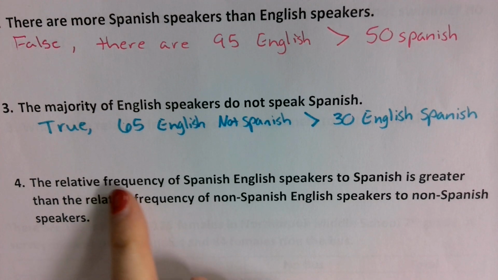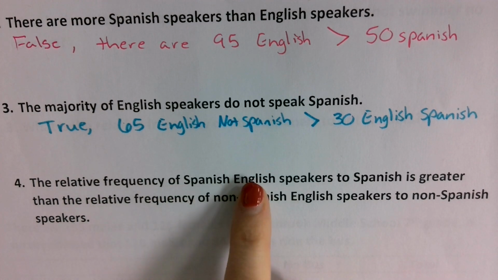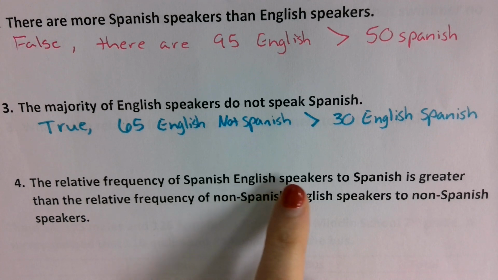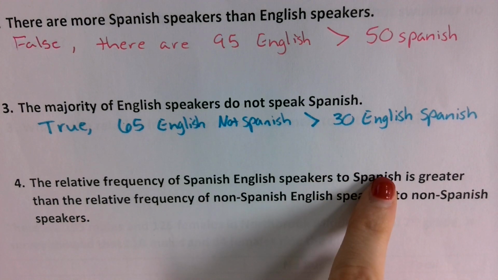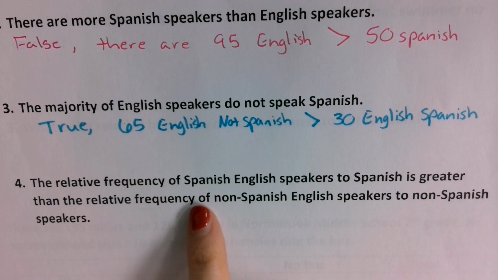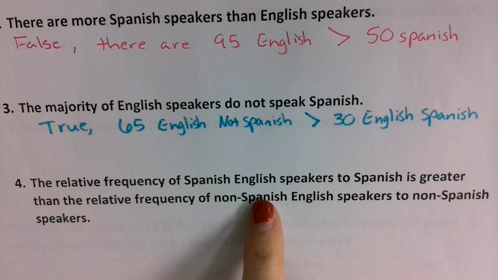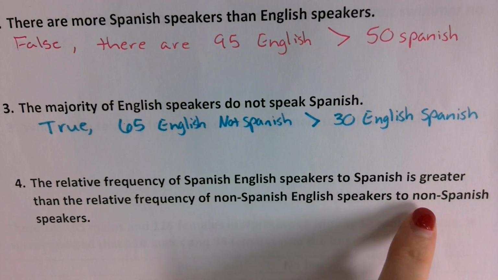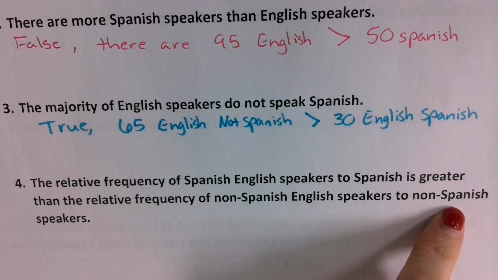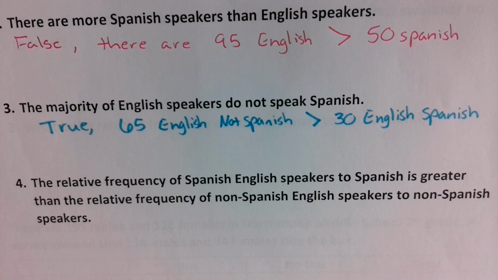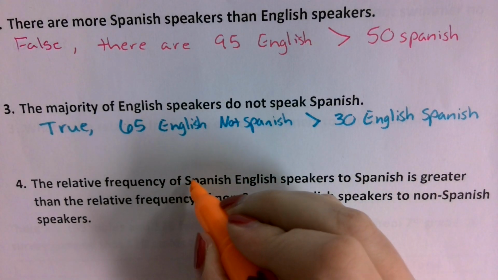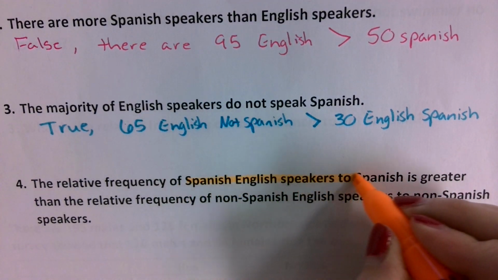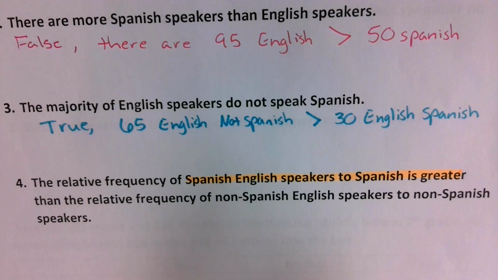Okay, so for here, they're saying that the relative frequency of Spanish English speakers to Spanish is greater than the relative frequency of non-Spanish English speakers to non-Spanish speakers. So you're setting it up for two different kinds of frequencies that we're going to focus on. Let's first focus on our Spanish English speakers to our Spanish.